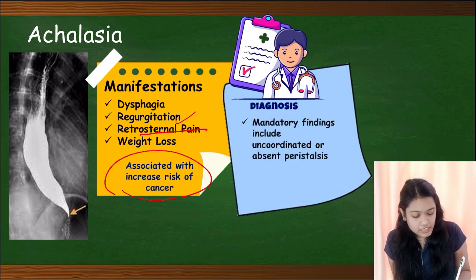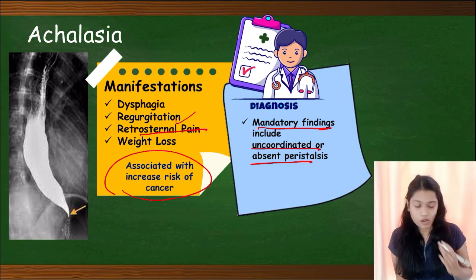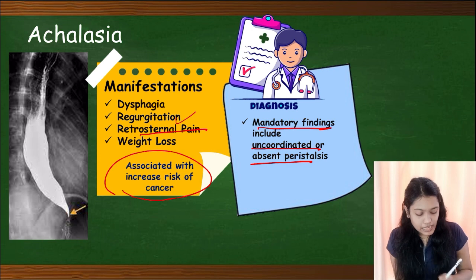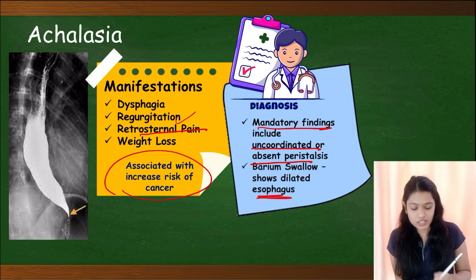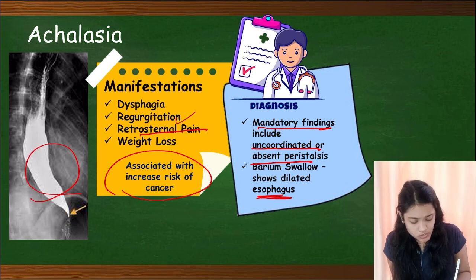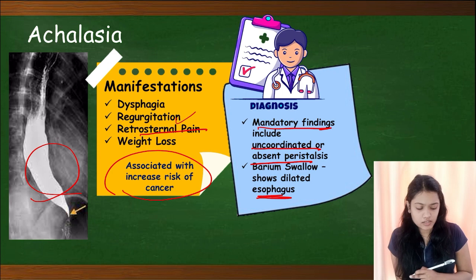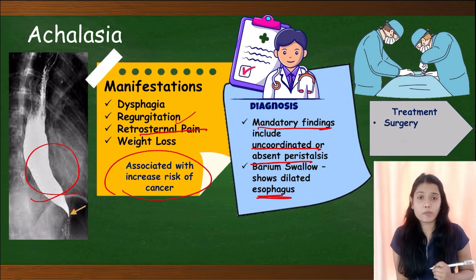The mandatory finding includes uncoordinated or absent peristalsis. And the barium swallow shows a dilated esophagus. Here you can see on barium swallow, it shows a dilated esophagus. Now, what can be the treatment? Treatment can be surgery or endoscopic procedures.